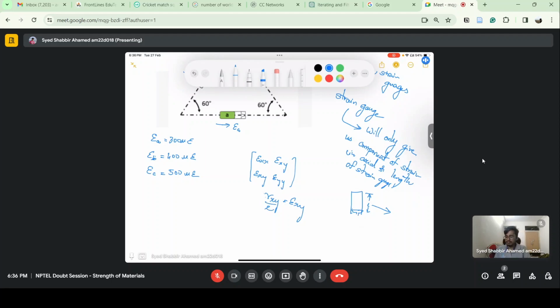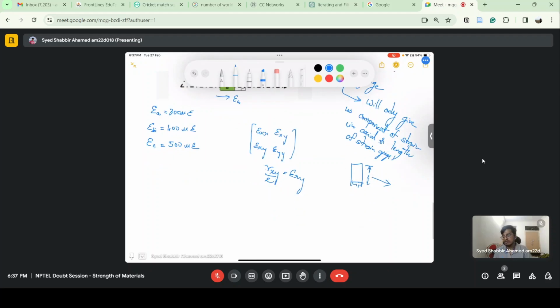So we have strains in the A direction, B direction, and C direction, which are not perpendicular to each other.